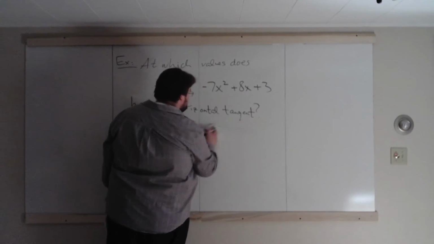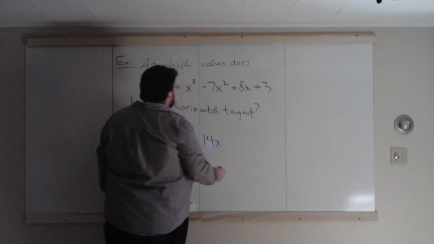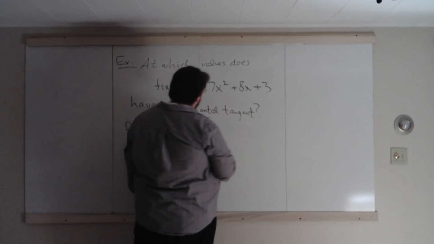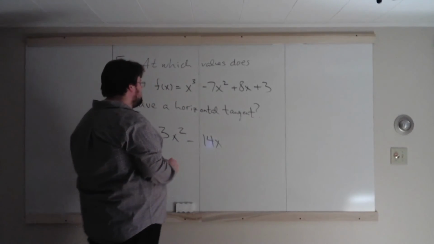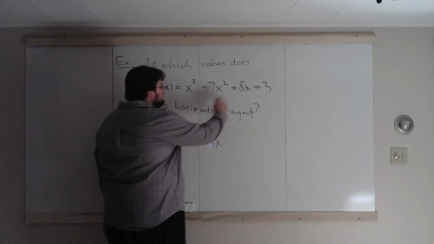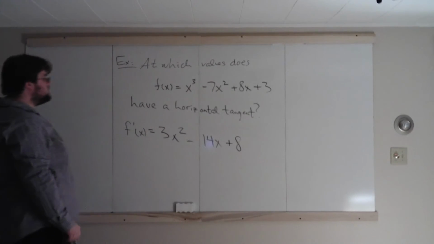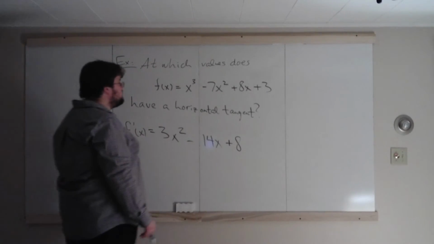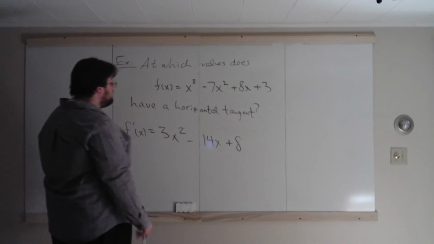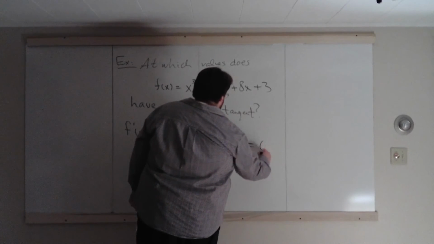So negative 7 and 2 make negative 14x. Derivative of 8x, 8 is a constant, so the derivative is 8, plus the derivative of 3, which is 0. And we want to set this equal to 0 to find the horizontal tangents.